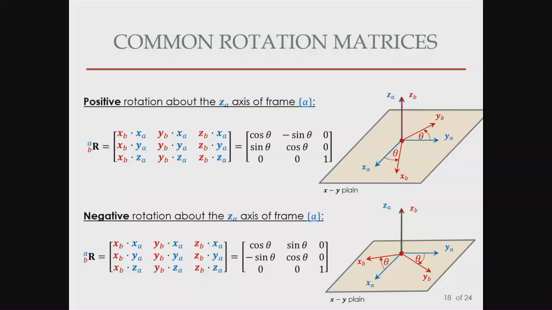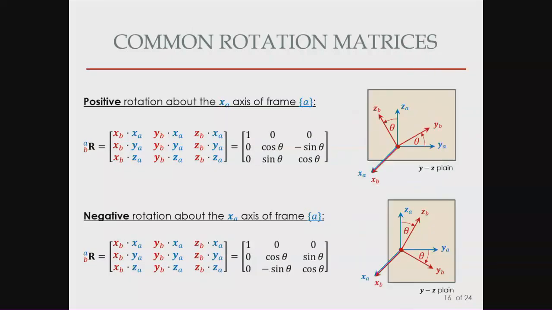So, again, please go through these 3 slides and memorize, but with understanding, all the common 6 rotation matrices, which are about x, about y, about z, positive and negative. They are very similar.